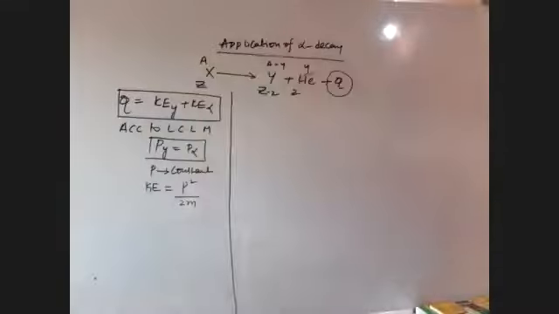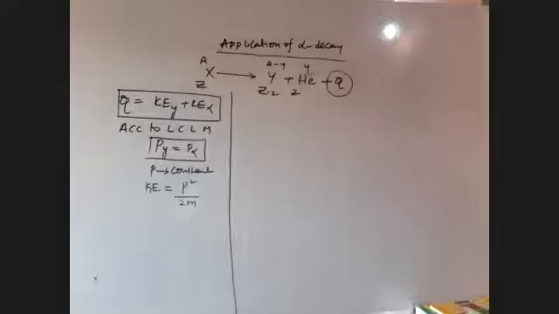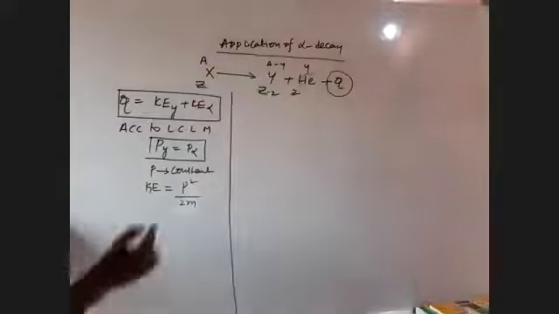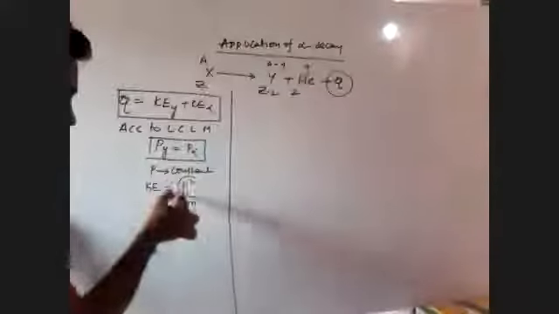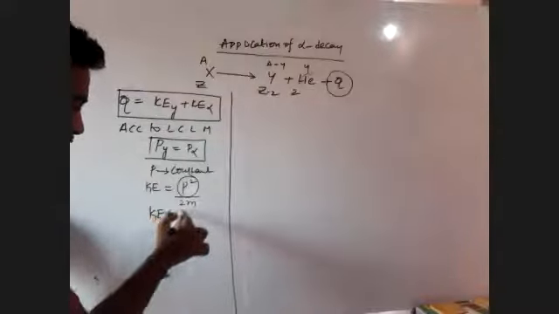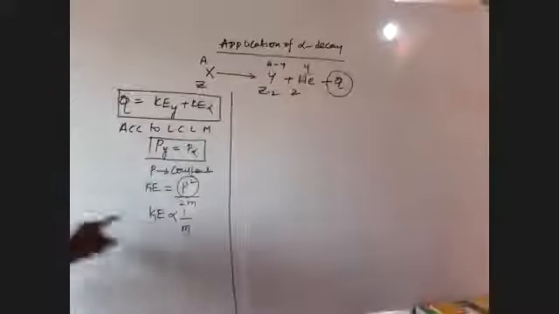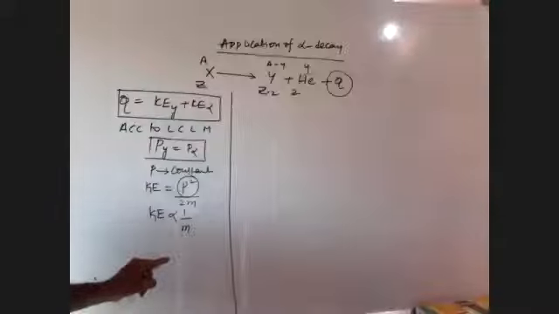Now, when momentum is constant, kinetic energy is proportional to 1 by m. So kinetic energy is inversely proportional to mass.